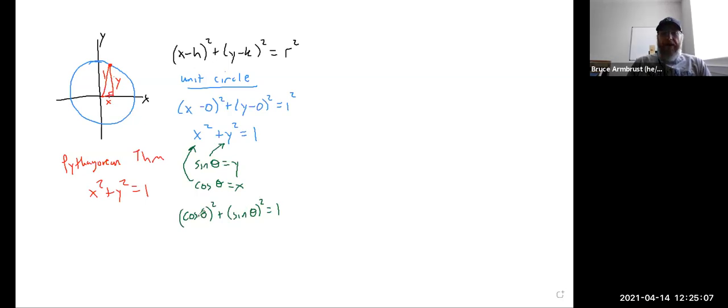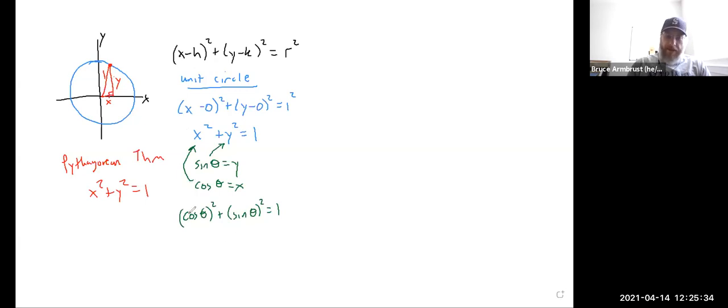Now this doesn't matter what the angle is, because no matter what angle we had, wherever we landed on the circle and got a point x, y, we know that when we square them and add them together, we get 1. So this is an identity, something that's always true, no matter what your angle is.